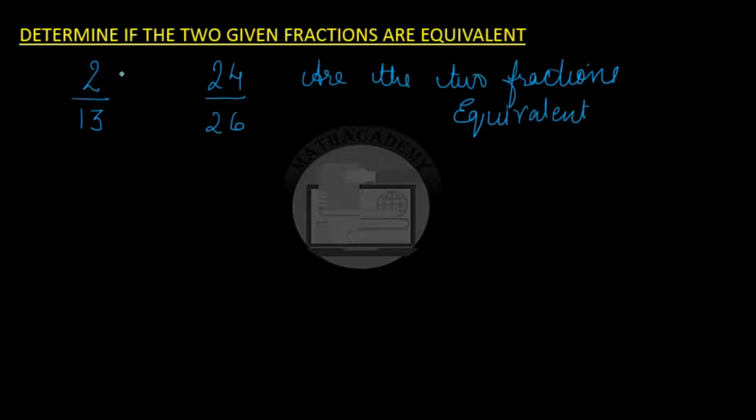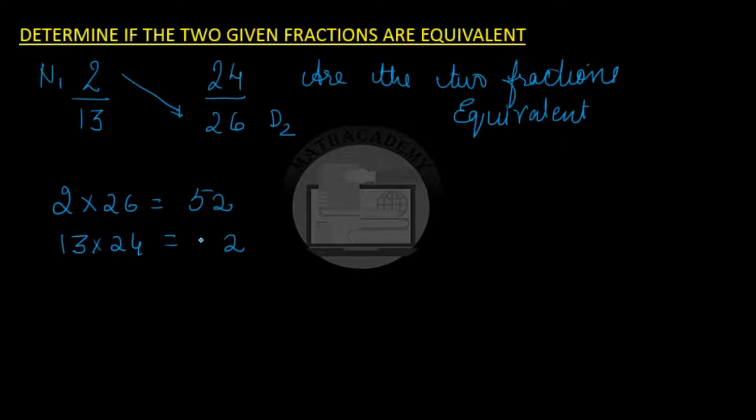The numerator of the one multiplied to the denominator of the other gives you 52. Okay, so the numerator is multiplied to the denominator. Now the denominator of the first multiplied to the numerator of the other gives you 312.